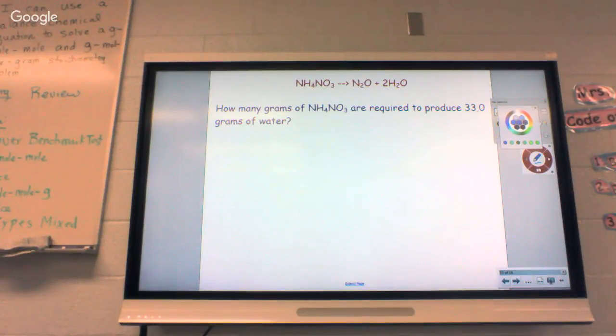Now, I want you to notice something on this equation. I get this every year. If I put a coefficient in the equation, please don't ask me if I balanced it right. I promise you, I did not balance it wrong for you. If I put a coefficient in the equation, it is balanced correctly.